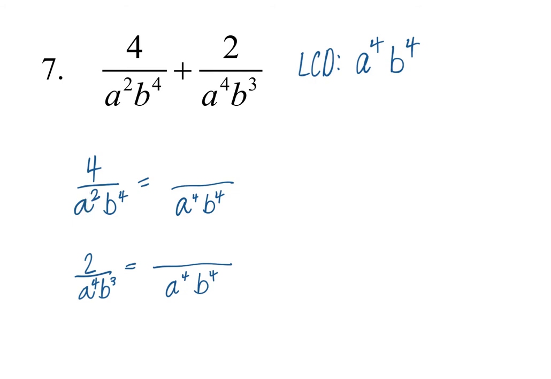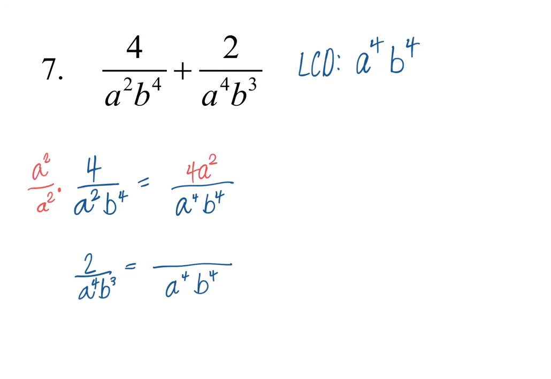But here we have an a squared, here we have an a to the fourth. So if I multiplied it by a squared, then a squared times a squared is a to the fourth, and then we have the b to the fourth. What you do to the bottom, you must do to the top to be fair. And our new expression would be 4a squared.